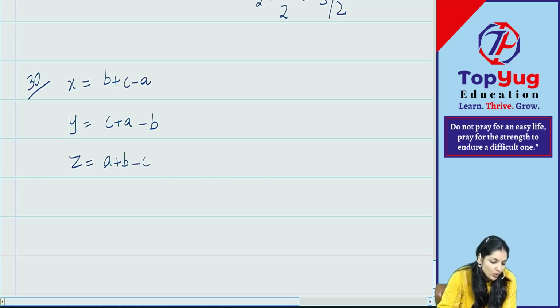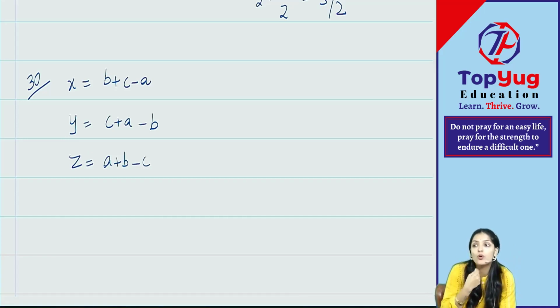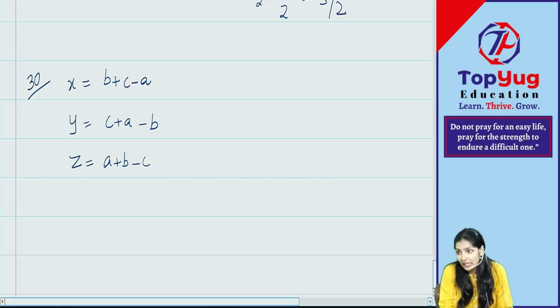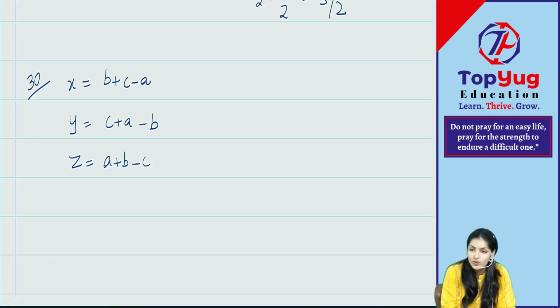I can also use the k method. There are a few more problems in indices where you'll understand what I mean by k method. For now we won't be doing the k method. Whatever values we got.